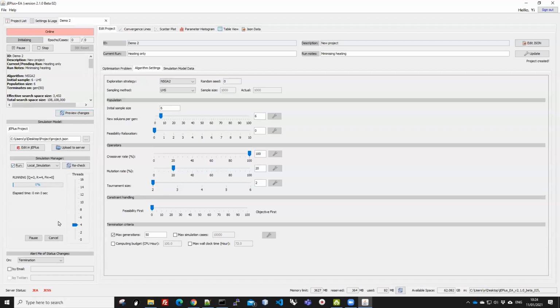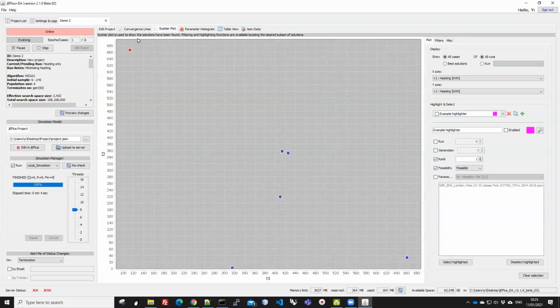So now, okay, give it a bit more power to run it. And now you can see the simulation has been executed. So that's the first round of simulation has been done. And if you go to the next tab, you'll see the points showing up here. And each dot is actually one case.